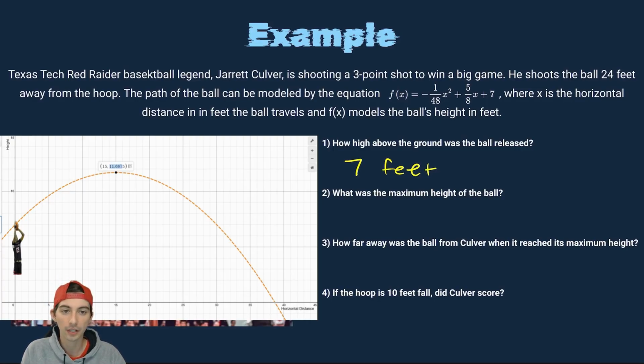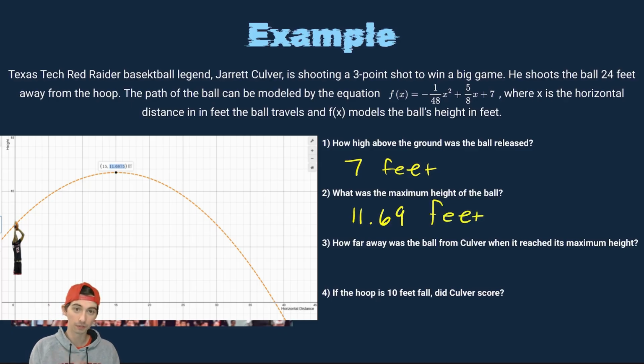So my y value here is my maximum height. Again, height is my y-axis. So I'm looking at the y value of my vertex, which is my maximum value. In this case, if we round to 2 decimal places, the maximum height was 11.69 feet above the ground.